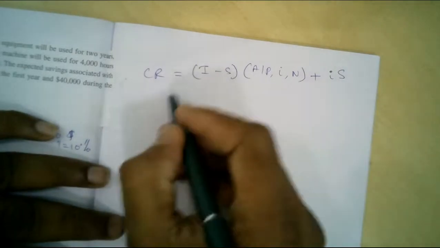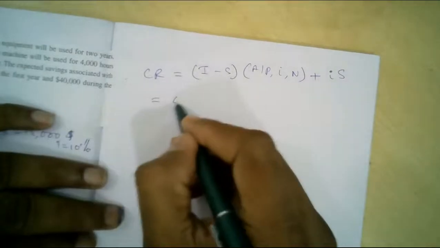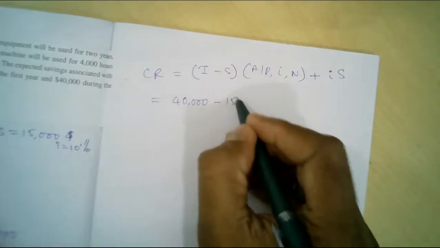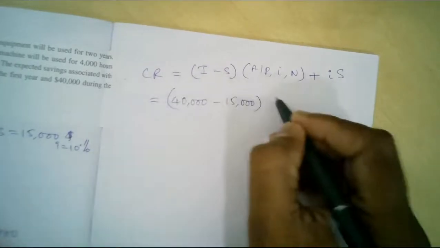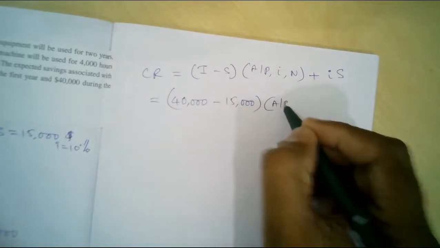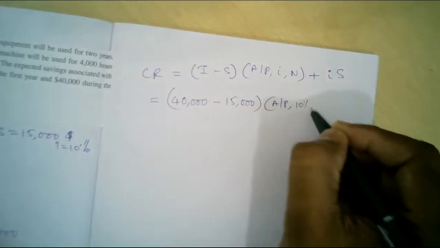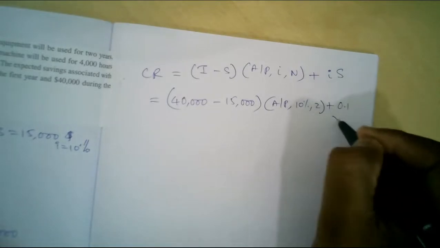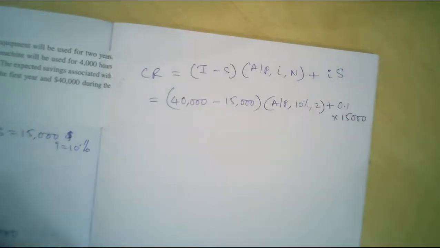Let us check with the formula what we'll get. So I is 40,000, minus S is 15,000. Now A by P, i is 10% and N is 2 years, and then iS, that is 0.1 into 15,000.